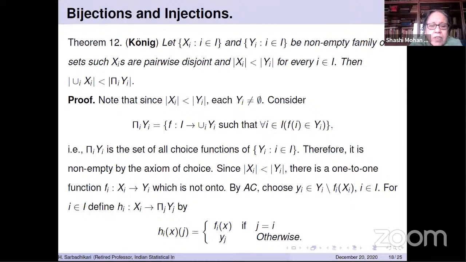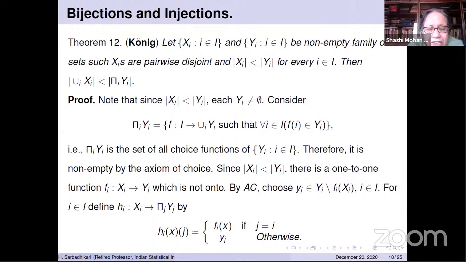Okay. So this is how I define the map. From each Xi, I am defining an hi. The Xi's are disjoint, so put together, that will give you a map from the union of Xi. And this h should go into the product of Yi's. So I should say what the jth coordinate is for any given j.